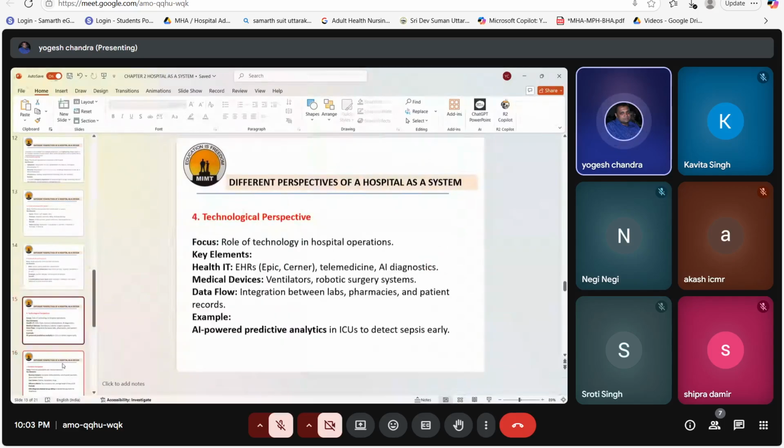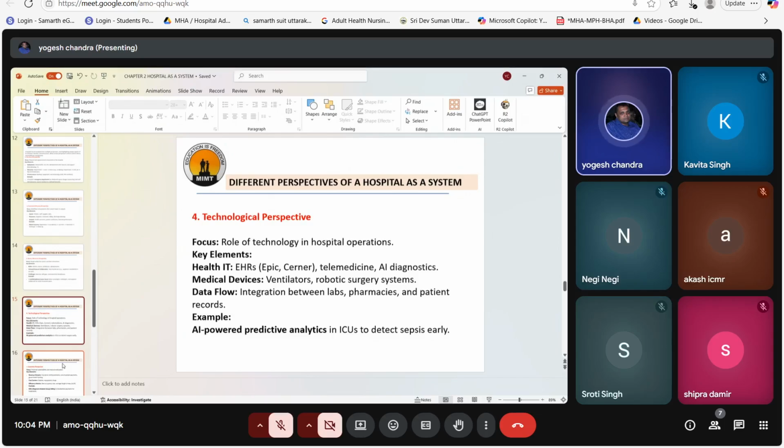If we talk about the technological perspective, here we can think about telemedicine, AI diagnostics. Now it is there. EHRs, electronic health records. Medical devices, such as ventilators and robotic surgery systems, and integration between labs, pharmacy, and the patient record, meaning the electronic health record, again EMR, electronic medical record. The doctor writes on the computer, and that goes to the pharmacy or to the lab.